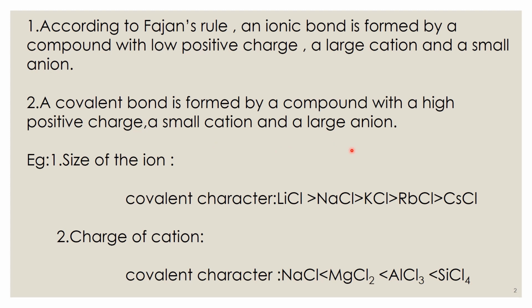So it is easy to learn: the conditions for covalent bond formation, high positive charge, small cation and large anion, are completely different and opposite to the conditions to form ionic bond, which are low positive charge, large cation and small anion.